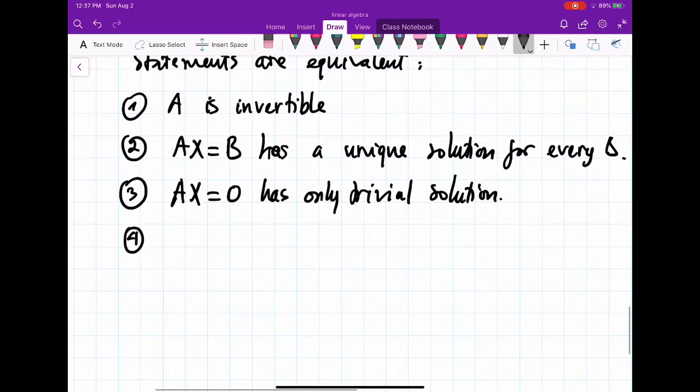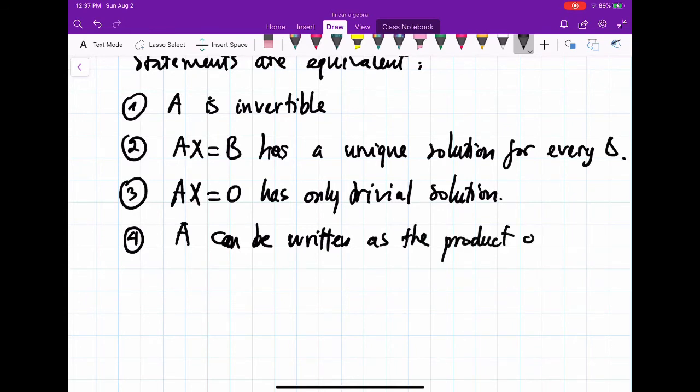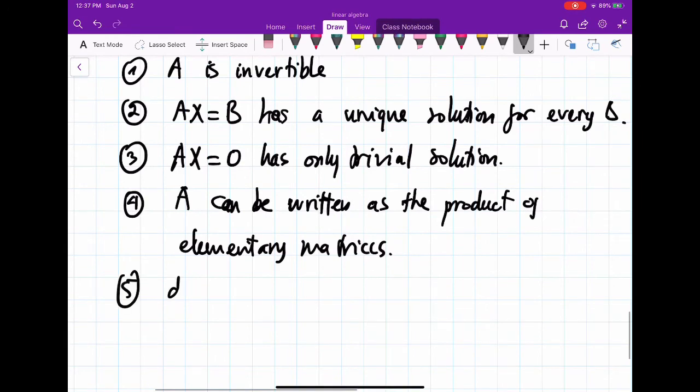And A can be written as the product of elementary matrices. We know this already. Right? And of course, the last one is determinant of A is not 0.